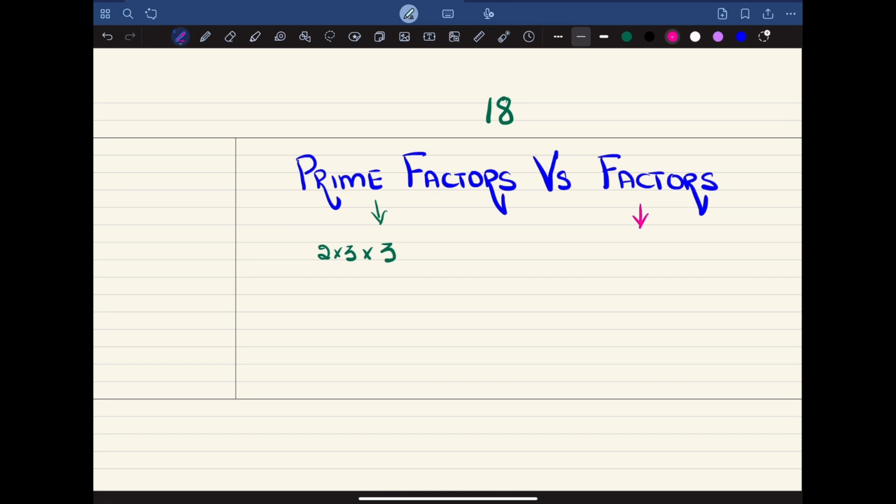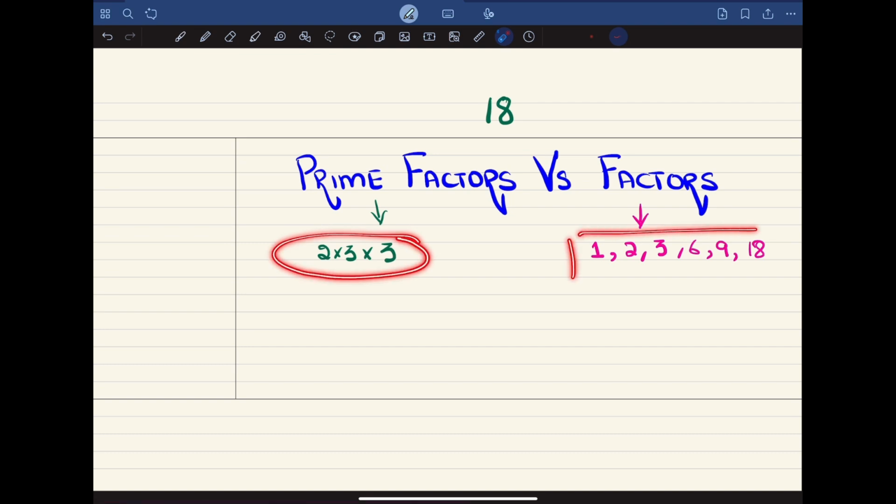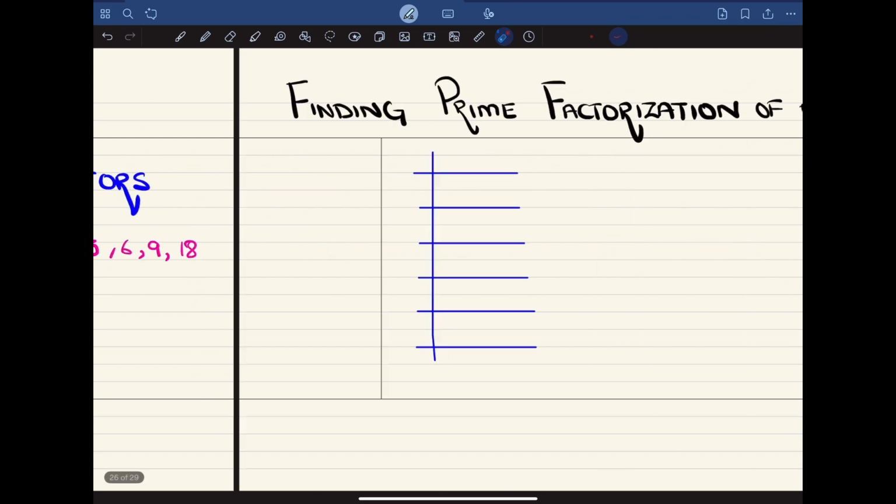The factors are 1, 2, 3, not 4, not 5, 6, not 7, not 8, 9. And then since half of 18 is 9, after that it's going to 18. So these are the prime factors and these are the factors of 18. They're closely related, but I hope you're absolutely clear about the distinction between the two.